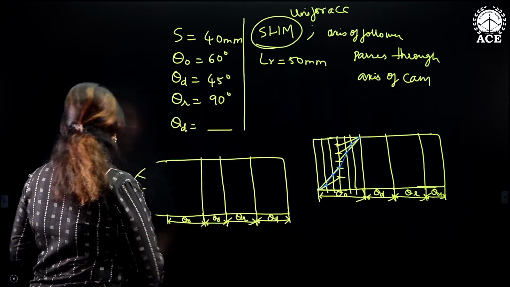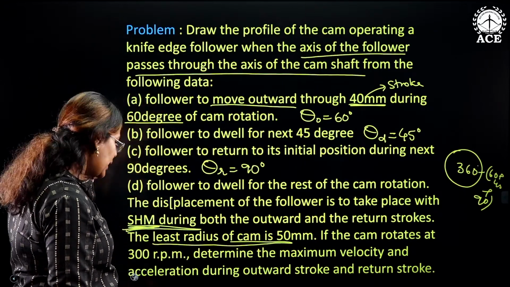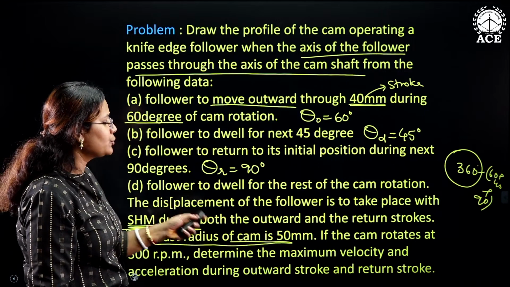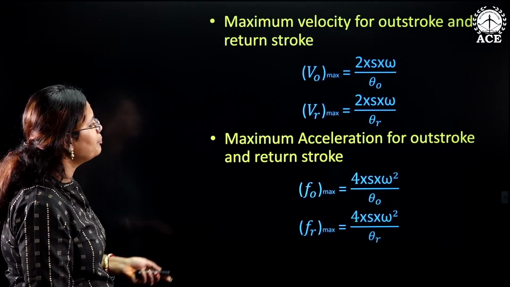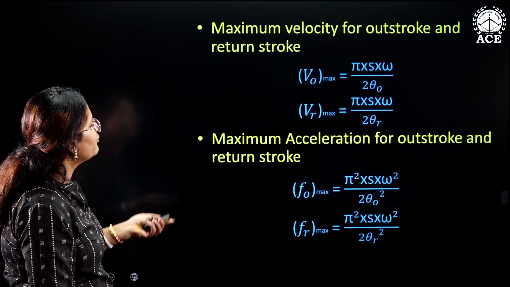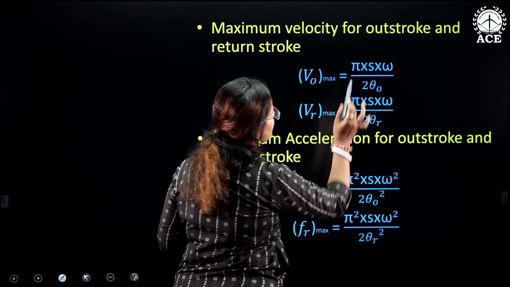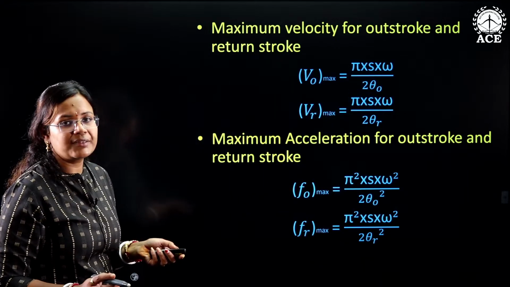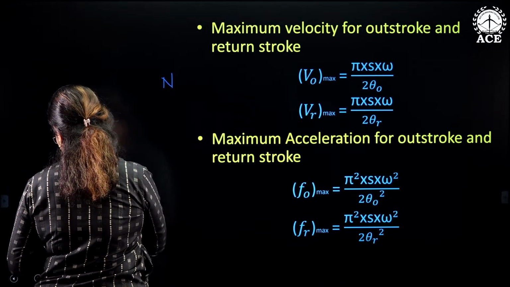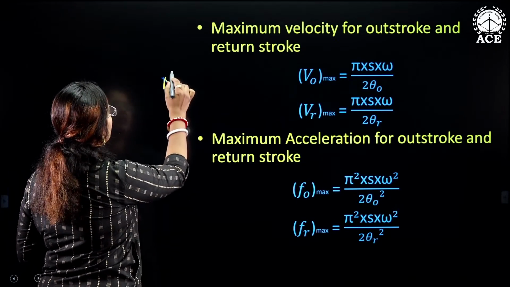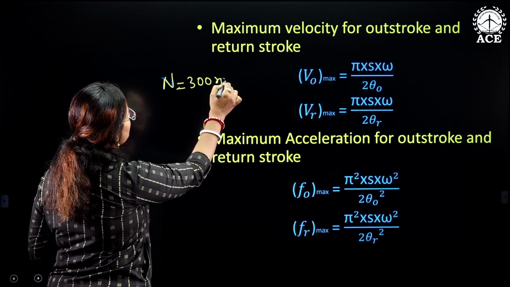Here they are asking to determine the maximum velocity and maximum acceleration during the outstroke and return stroke. For this, the formulas are important. Because it is the SHM condition, we will use the formula with pi, s and omega. Here N is given as 300 RPM.